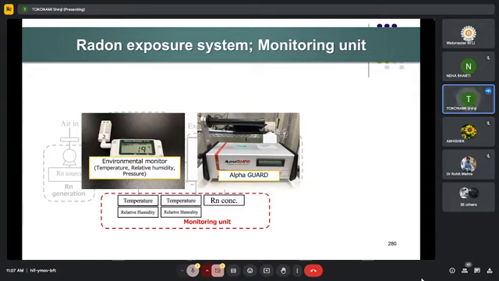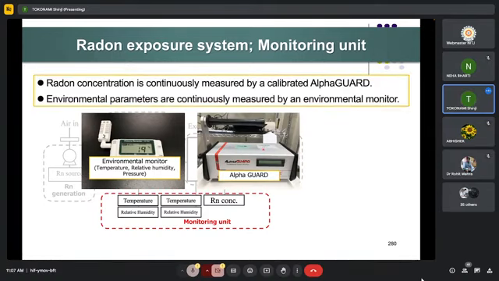Here is the alpha guard to measure the radon concentration. Radon concentration is continuously measured by a calibrated alpha guard. As I told you, environmental parameters are continuously measured by an environmental monitor.